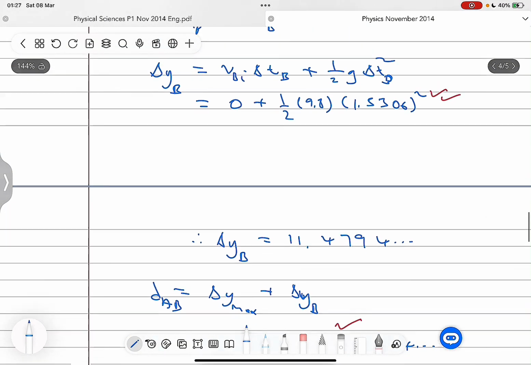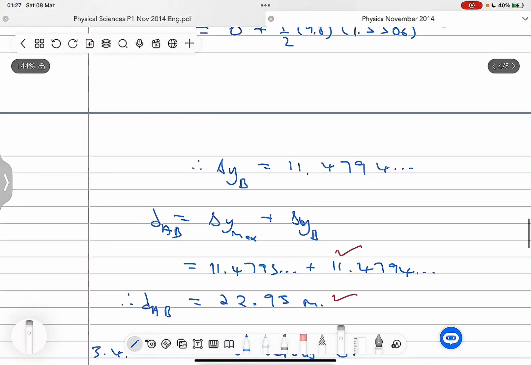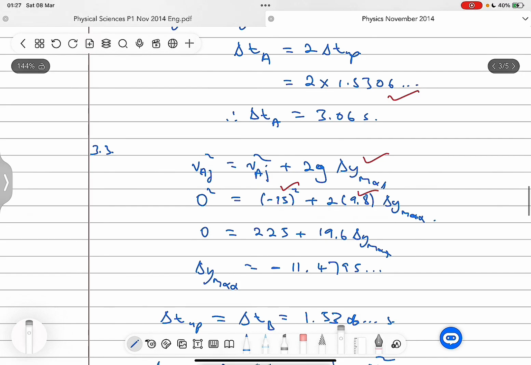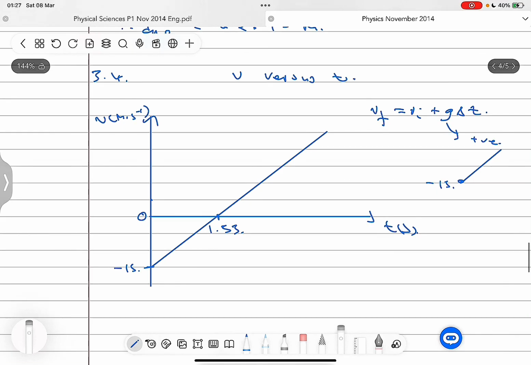Remember, we calculated the time it takes to go up to be 1.53, and we said that the time it will then come back to point A is actually 3.6.